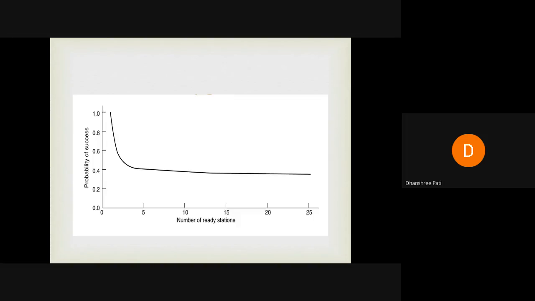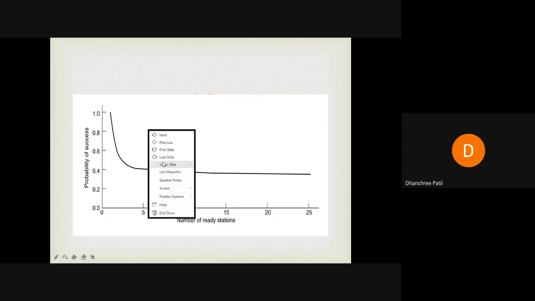Okay, now let's see the diagram over here, which will show you the use of limited contention protocols. You can see here the probability of success of getting access to a channel, and these are the number of ready stations.